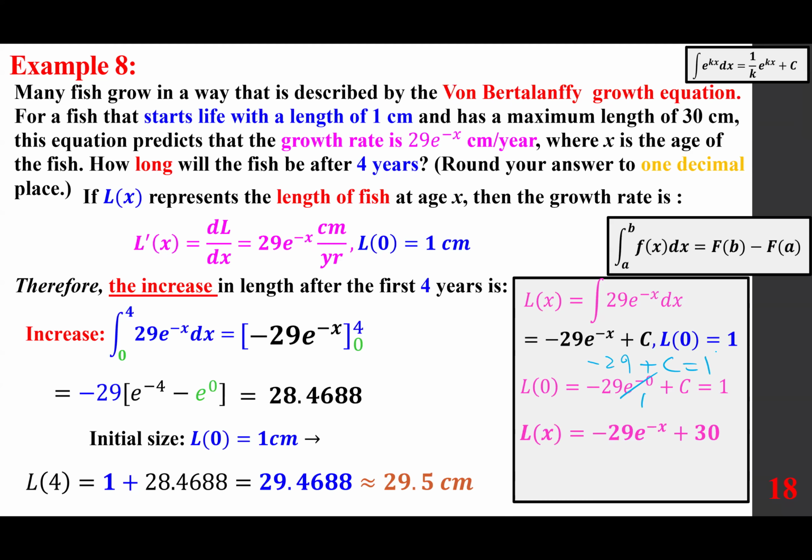Now, the advantage of this is that at this point I'm going to plug in whatever they ask. After 4 years, I'm going to plug in 4, and it gives me the same thing. But if, let's say, part B says, how long is the fish after 7 years? Then I'm going to replace the x with 7, and so on. This makes it easier, everybody.